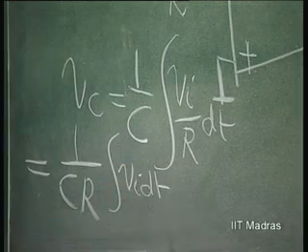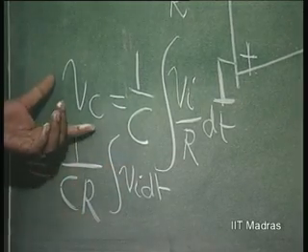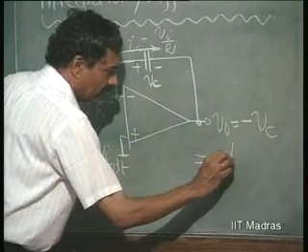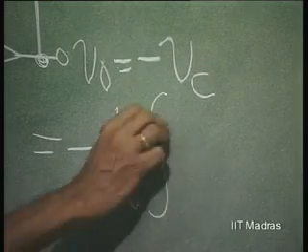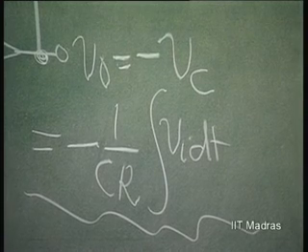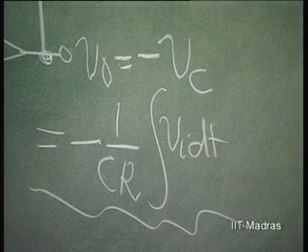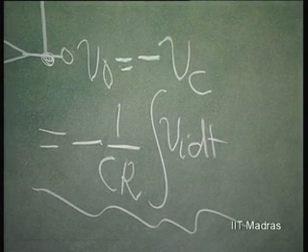So, I have achieved integration of a voltage, and what is V naught? V naught is nothing but minus V c. So, this is minus 1 over C R integral V I dt. This is an important linear function, which is useful for a variety of applications in analog signal processing, integration.